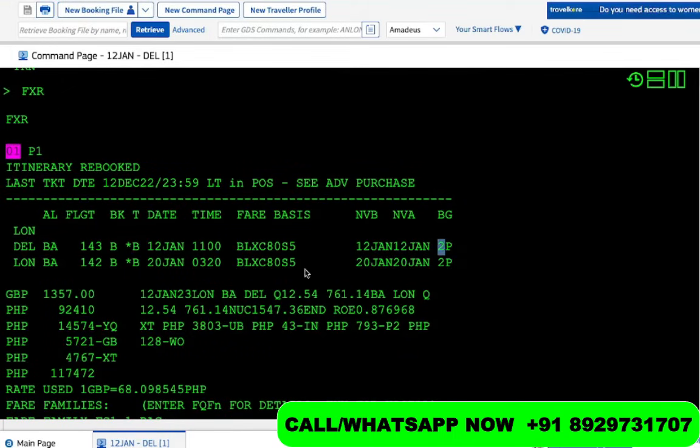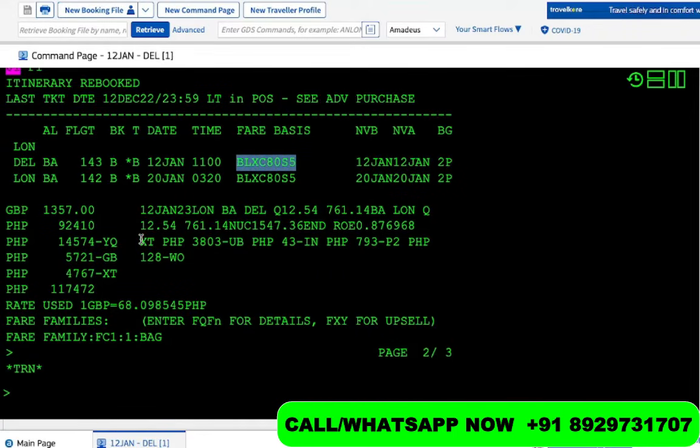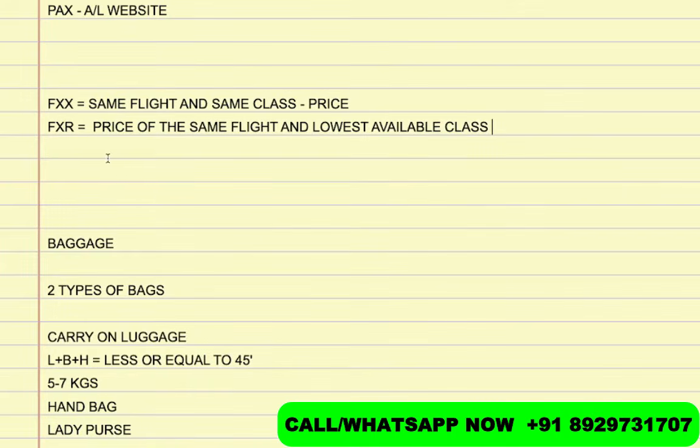The fare bases have changed, so the conditions must have changed behind the ticket. And then you have the base fare, which is 92,410 Philippines peso. In British pounds, it is 1,357, and this is the whole thing that we have in this ticket. So again, this is FXR, the second thing that we have here.